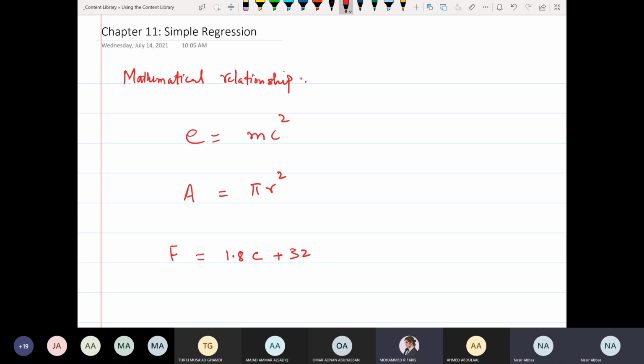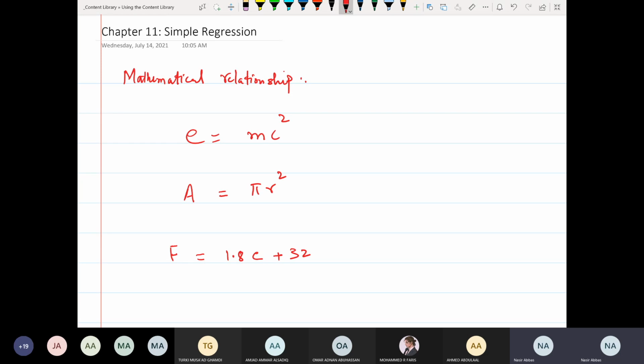If I tell you today's temperature is 40 degrees Celsius, you can give me the exact Fahrenheit for today. In these relationships we have two variables, one is F, one is C. Similarly, in the quadratic relationship, one is area, one is radius.